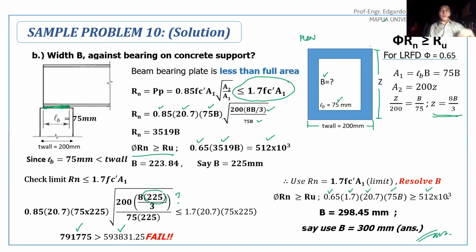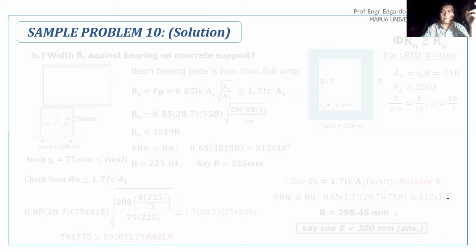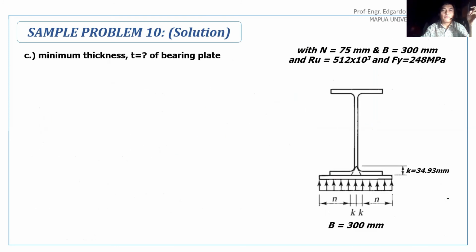So again, ano yung length natin kanina? 75, 'di ba? 75 yung length natin kanina, tapos yung width naman natin ngayon 300. Okay? So the last part of design would be thickness. For the minimum thickness required of this bearing plate, from previous calculation, we have identified yung N, ito yung LB, 75.